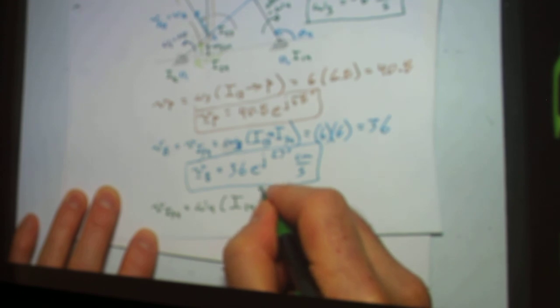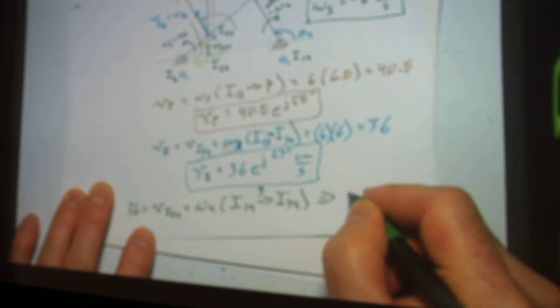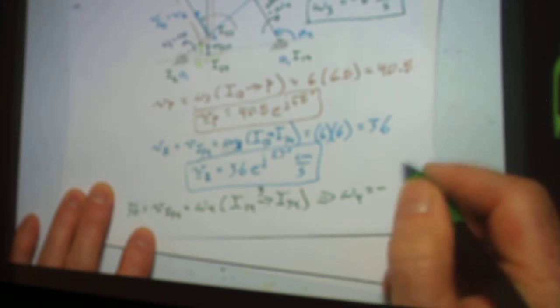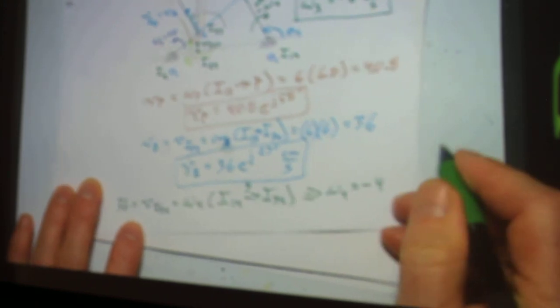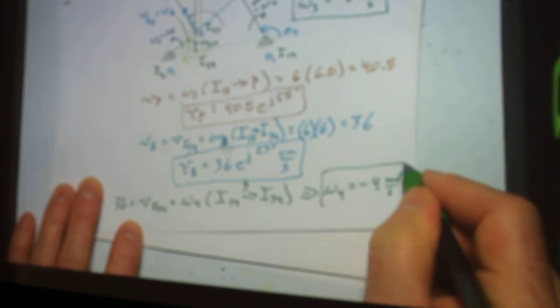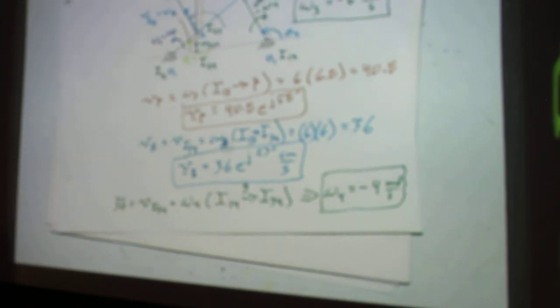So this is 9. And I know that this here was equal to 36. So that implies that omega 4 equals minus 4 radians per second. Why did I put the minus 4 in front of there? Because we observed earlier that it was negative.